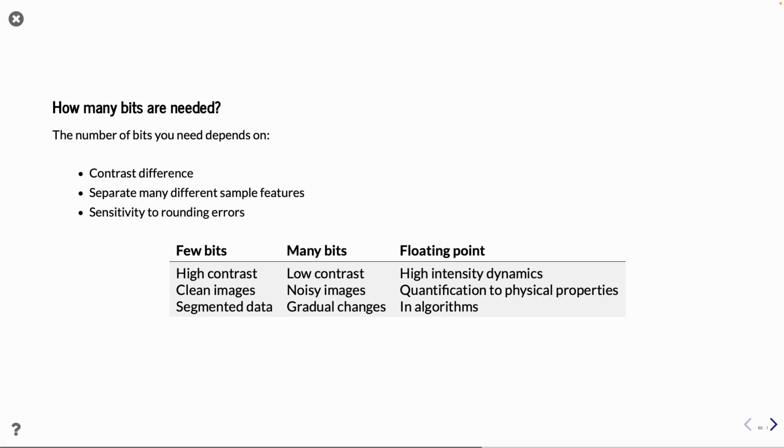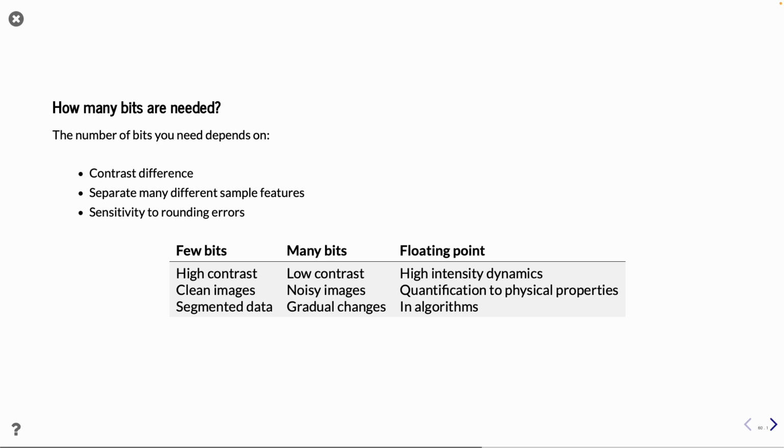Floating point is another alternative. The first two here were talking about integer values. And then you can also work with floating point, and that is particularly when you have high intensity dynamics. It can also be needed when you do quantification of physical properties, for example, measuring the water content in the image, or of course in algorithms.